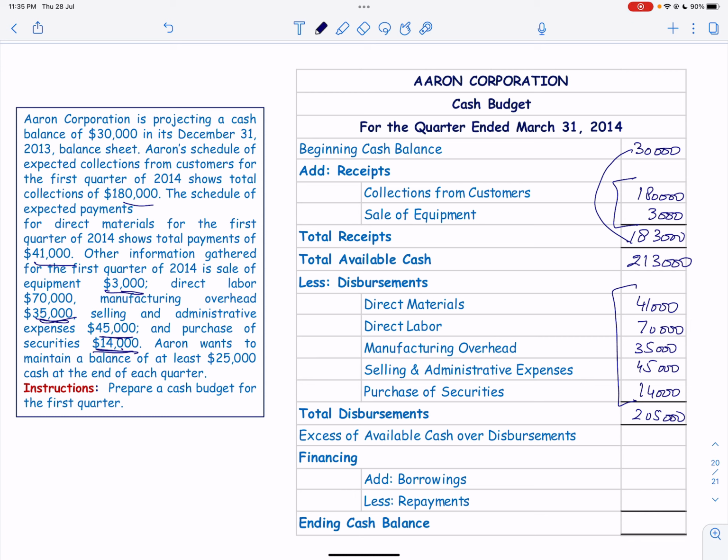Aaron wants to maintain a balance of at least 25,000. So we have an excess of available cash, 213 minus 205, 8,000. We need a balance of 25,000. That means the company must borrow 17,000 to have an ending cash balance of 25,000.